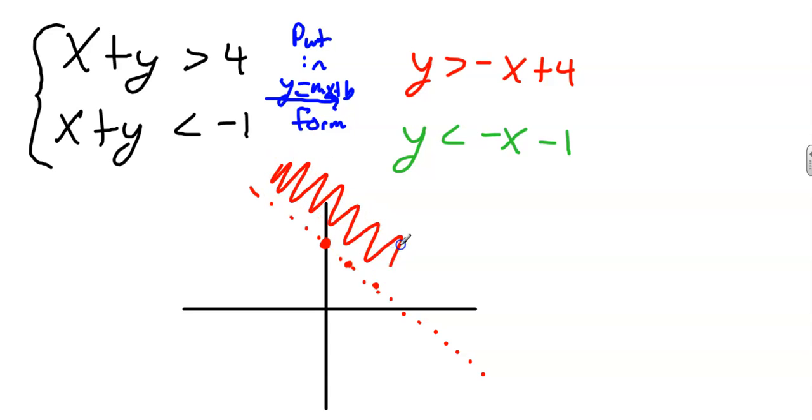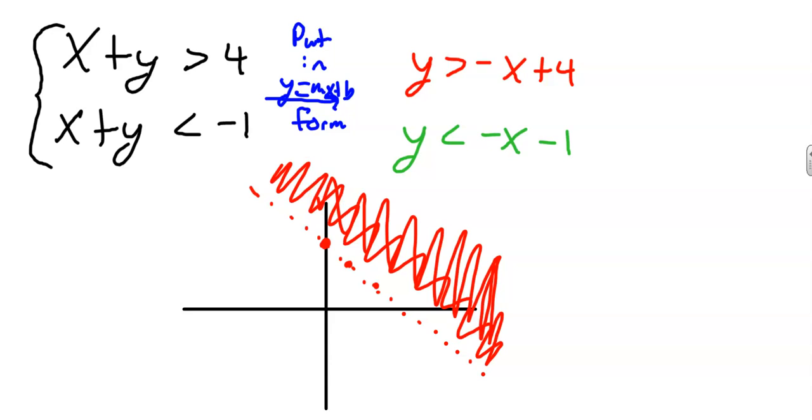So that's up here. Okay, green line. That one we're going to start at -1. Slope is also -1/1. So this one's also going down 1/1. That was less than, so that's everything down on the lower side.